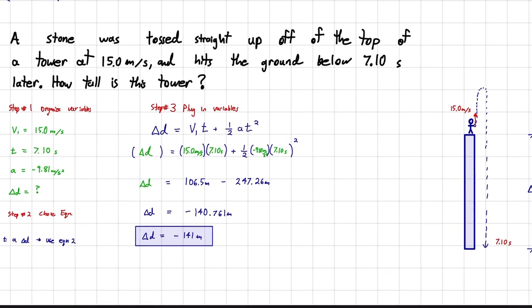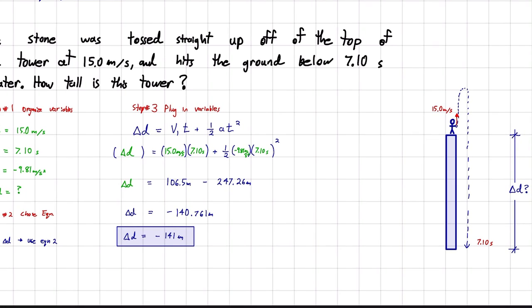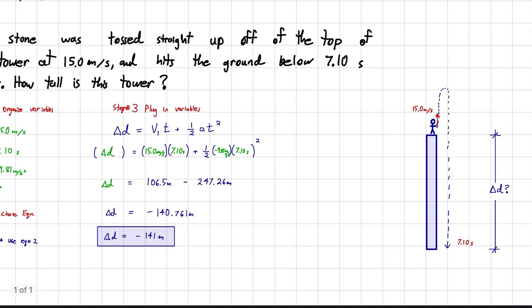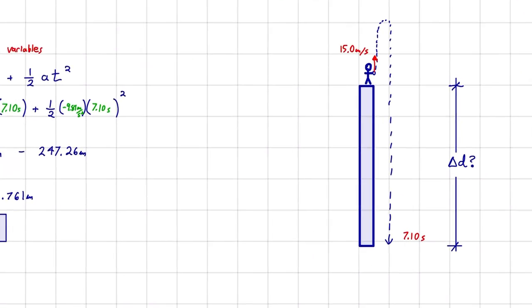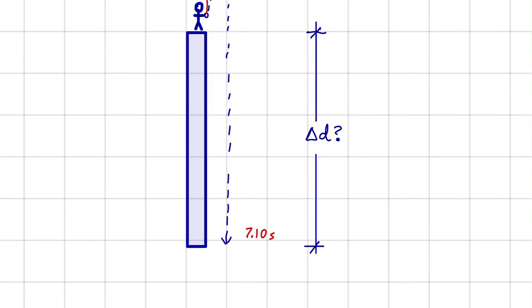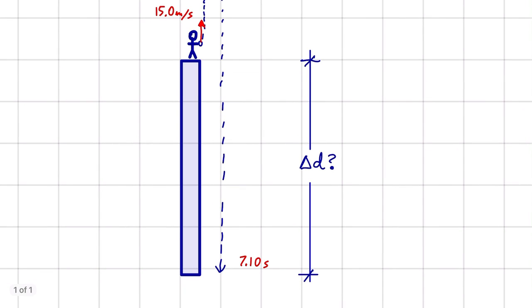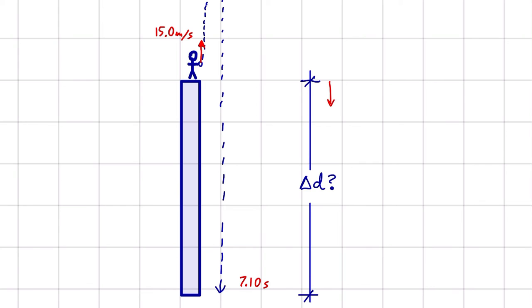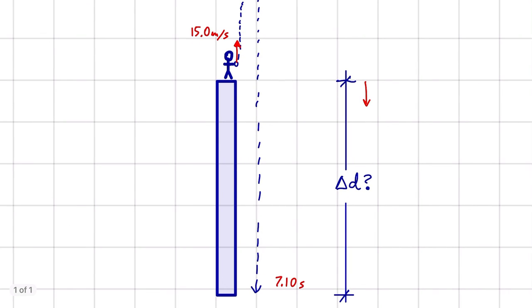Now let's think about, okay, what does this mean? Does that mean the height of our tower is negative 141 meters? Well, not exactly, because what we're measuring is actually a distance downward.